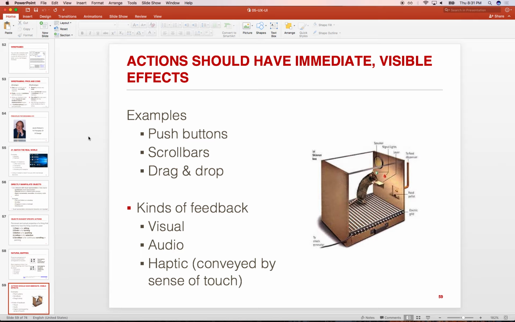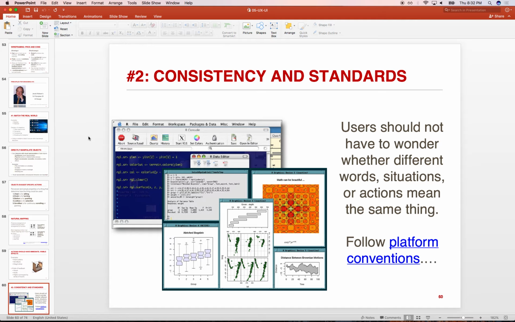I think Microsoft has done a lot of this. In their new version of Word and Excel, they have animations everywhere. Even when you move a cell from left to right, everything's continuous and moves very smoothly, which I think is a very good move forward. Another one is consistency and standards.